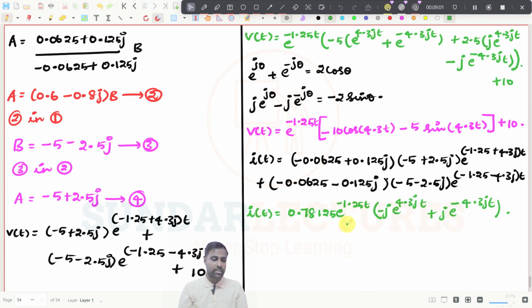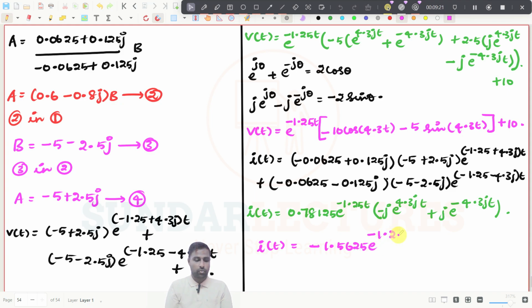If you further simplify this, I of t can be easily written, because we know this term. So you will get minus 1.5625 e power minus 1.25 t sine of 4.3 t.